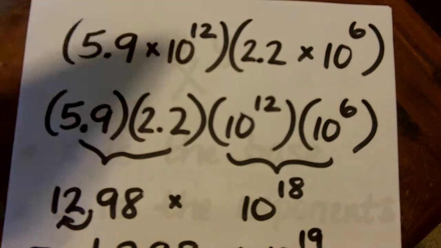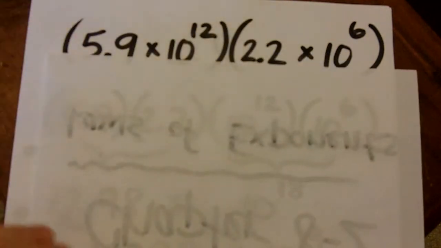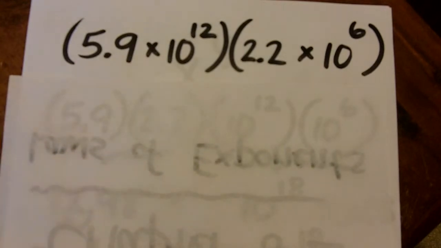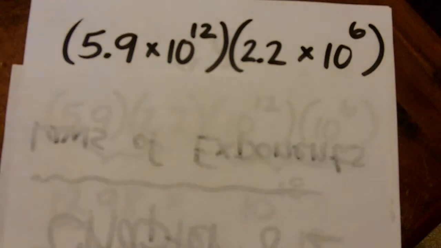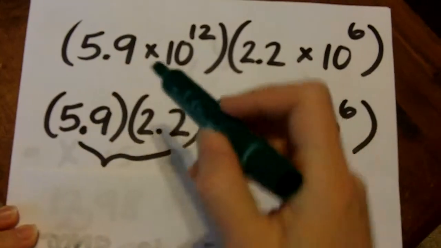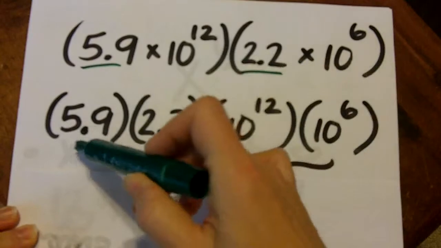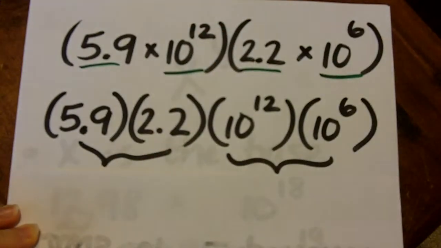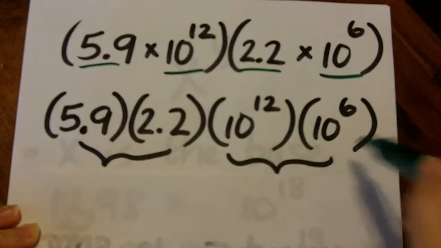She exists. Okay, you're going to have scientific notation problems like this, where you'll have something like 5.9 times 10 to the 12th multiplied by 2.2 times 10 to the 6th. You may remember this from pre-algebra, but you're going to multiply the numbers that you have, and multiply the powers of 10 by each other.